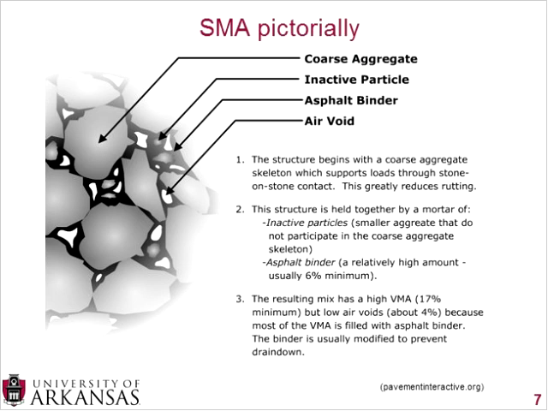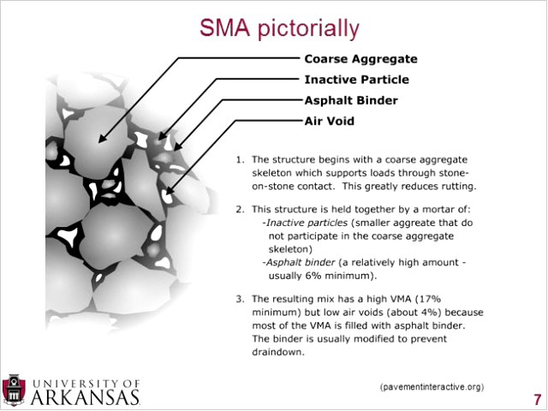So going through those three steps, the structure of SMA really begins with that coarse aggregate stone-to-stone contact. A lot of people call the aggregate structure an aggregate skeleton because that's how the load is transferred down into the pavement, just like bones transfer the load through a body in your skeleton.